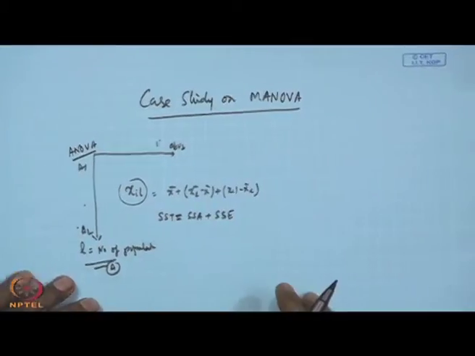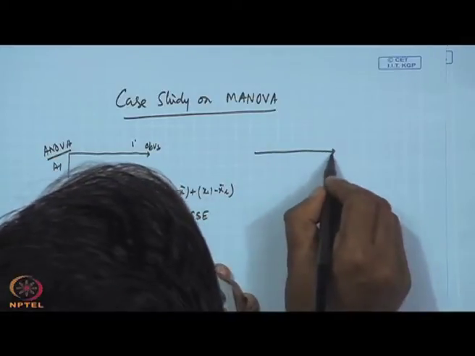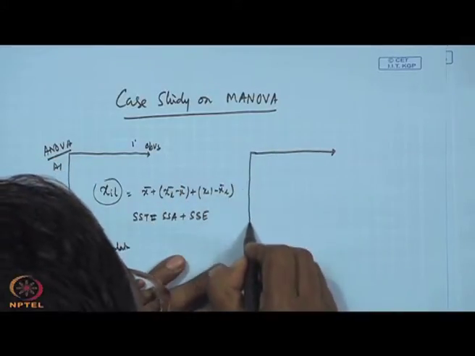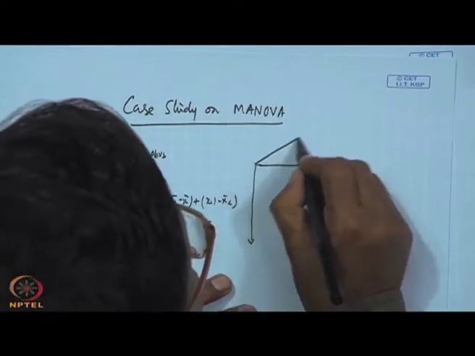So, this is for ANOVA, and in one way MANOVA we have just duplicated the same thing, but with one addition. That addition is the number of variables.